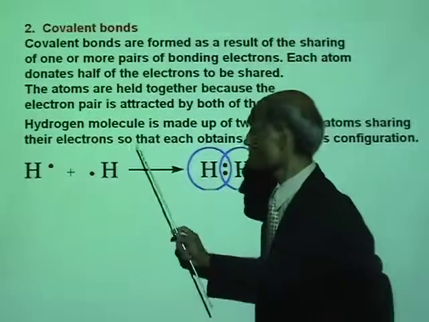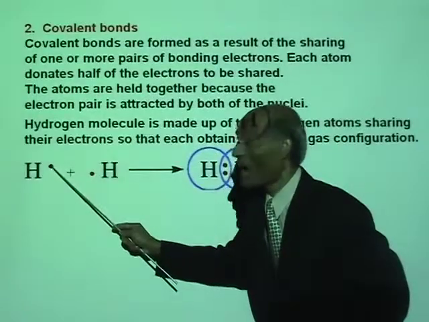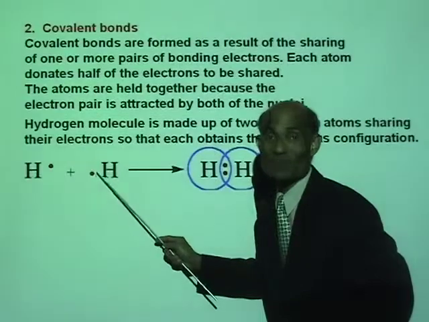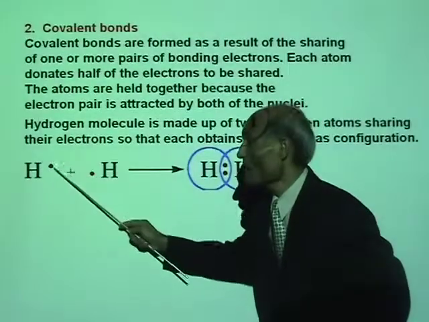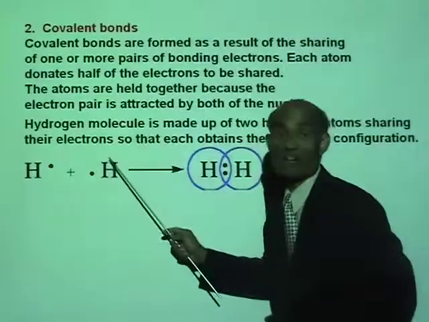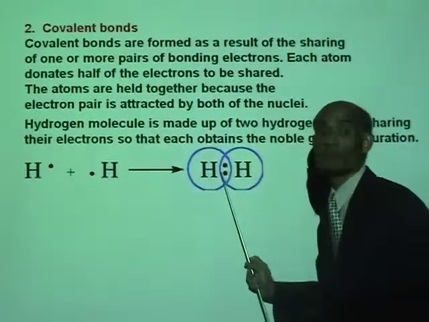Look at this, the way we represent this. H, dot, plus H, dot. What does that represent? Hydrogen that has 1 electron comes together with hydrogen with another electron and makes this arrangement.